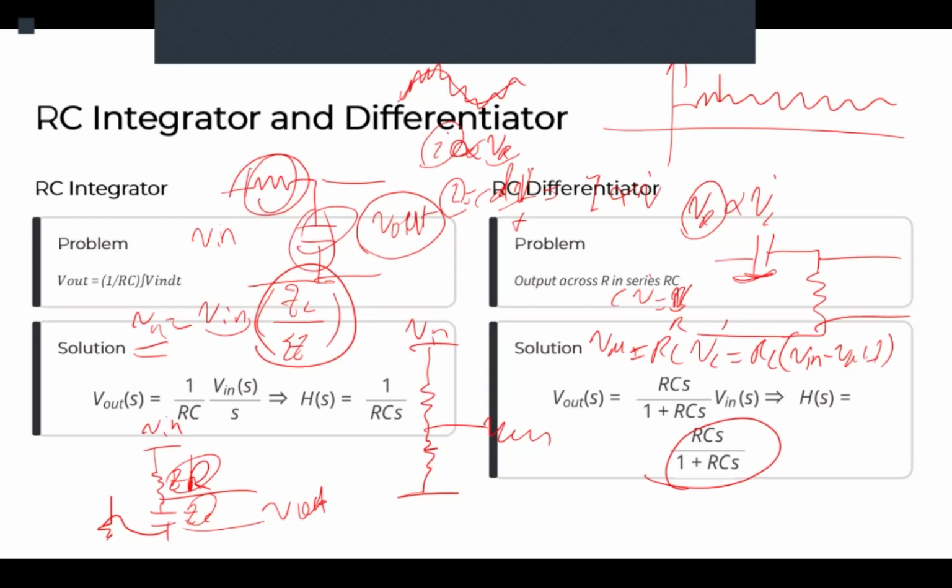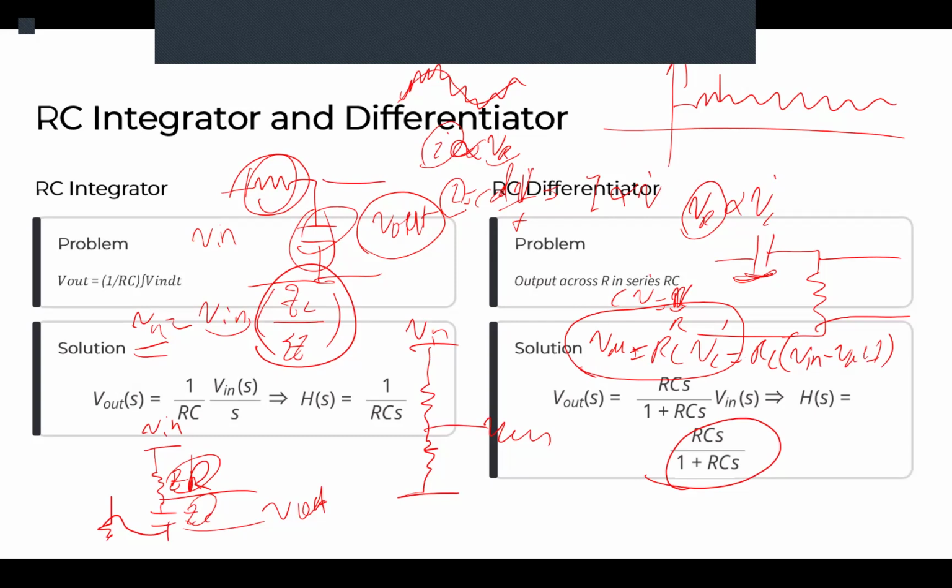So if you solve for V out versus V in, you are going to have your transfer function. But here you can see that V out is proportional to the differential of VC.